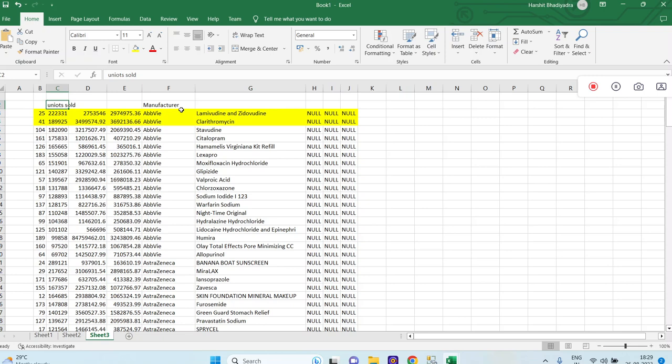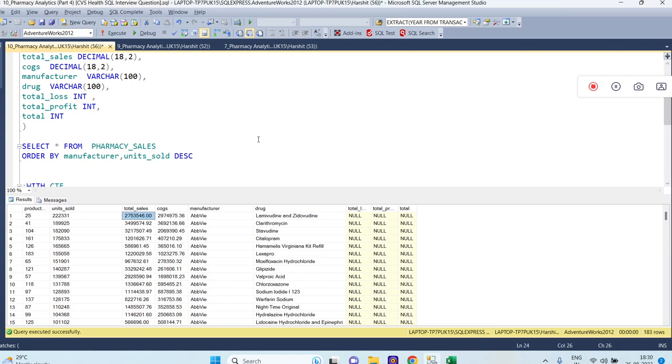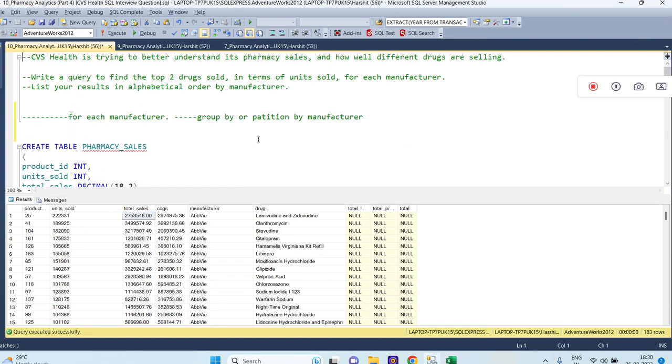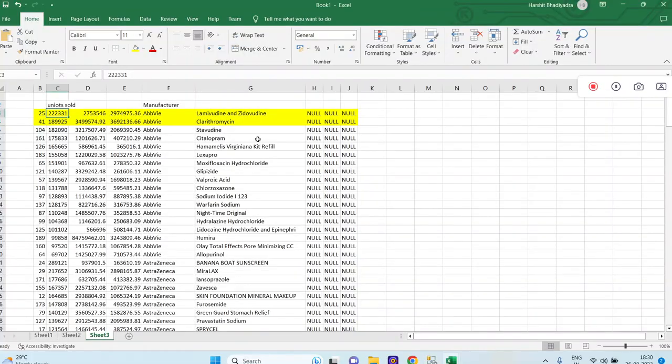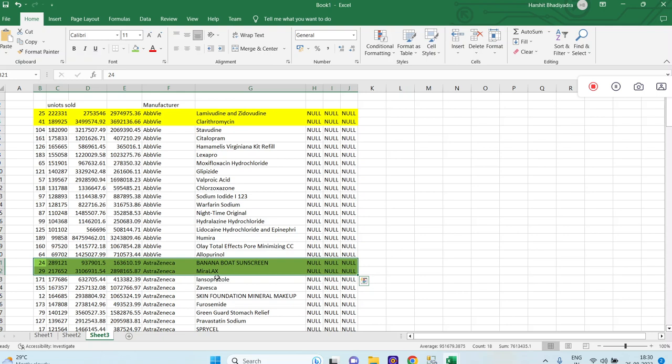So if you see for ABV, based on the units sold, these two are our answer, right? Top two drugs sold. Now let me see for the second manufacturer. This is our second manufacturer, AstraZeneca.